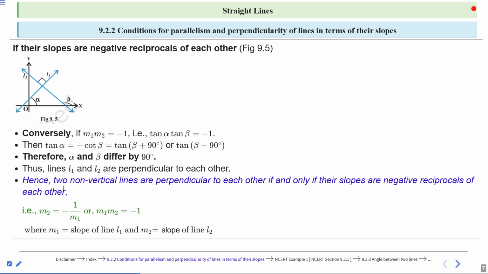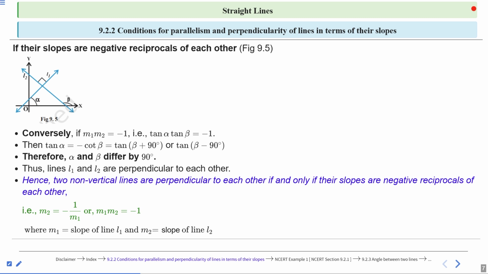So hence two non-vertical lines are perpendicular to each other if and only if their slopes are negative reciprocals of each other, that is m2 equal to -1 by m1, or m1 into m2 equal to -1.